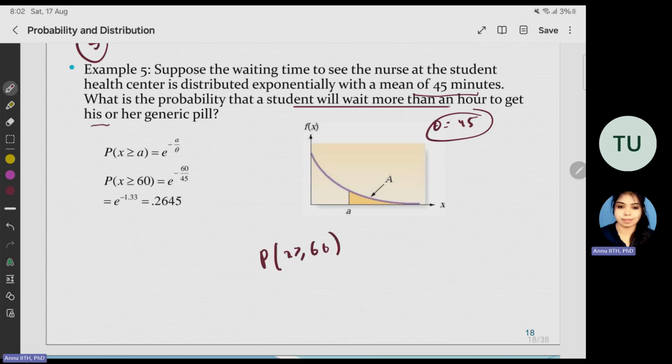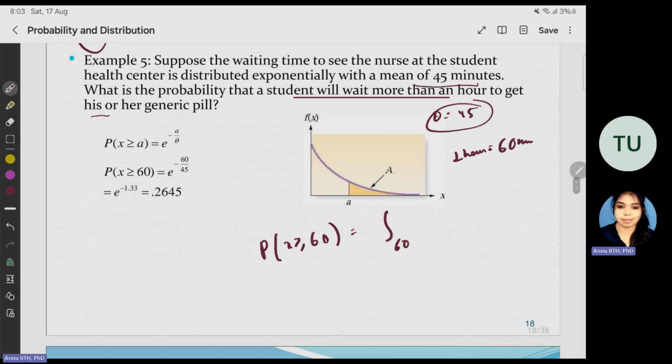What is asked is P of x greater than or equal to 60, because it is more than an hour, and 1 hour is equal to 60 minutes. So it is asked like this: the integral from 60 to infinity of f of x dx. Now we know 1 by theta e to the power minus x by theta, from 60 to infinity.